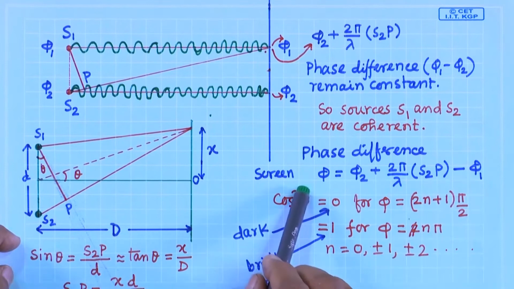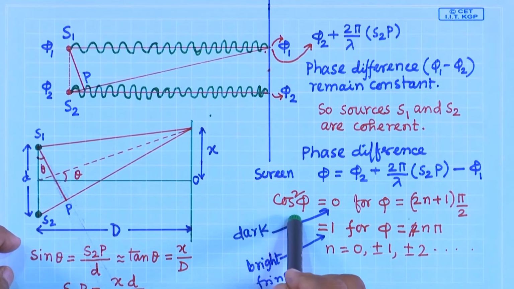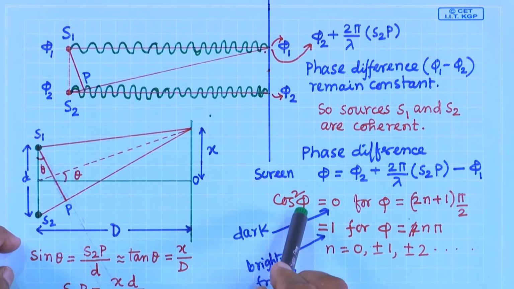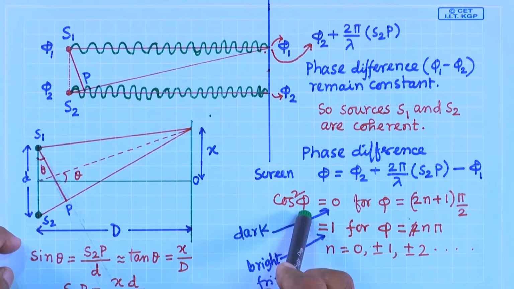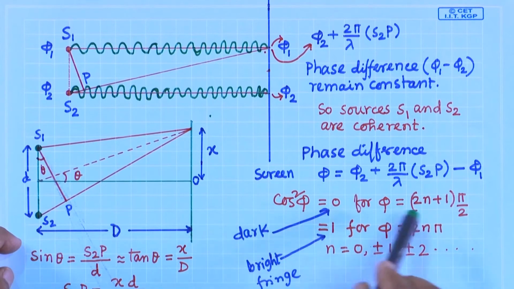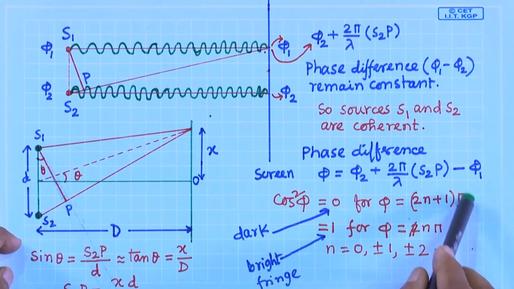The condition for bright and dark was this: cos square phi equal to 0 is the condition for dark. So, when will we get 0? When phi is (2n plus 1) pi by 2.